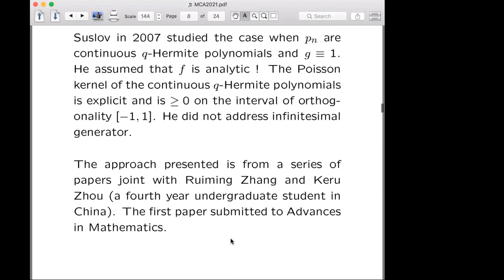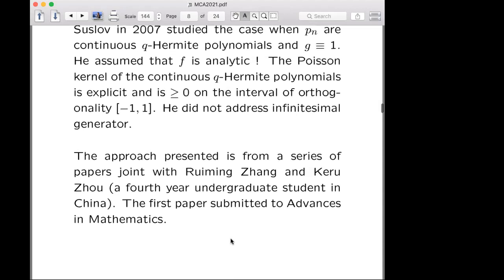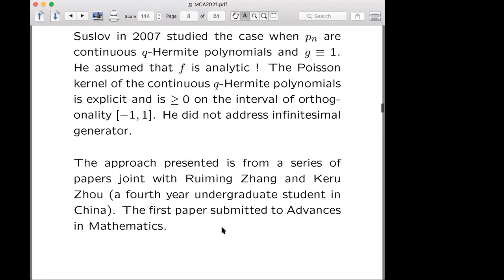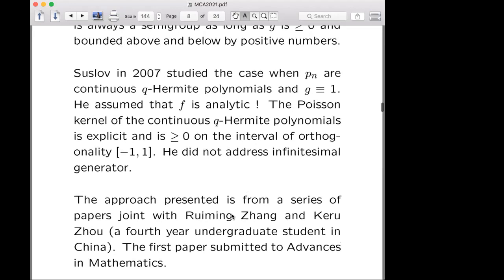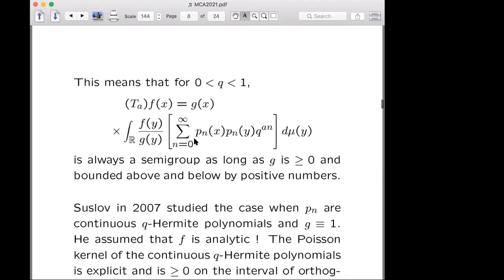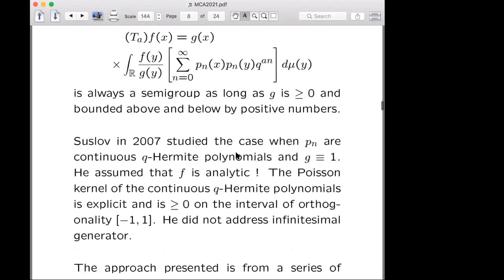So we will make the changes they wanted. So in this first paper, these papers are about studying the fractional powers of the Askey-Wilson operator, and looking at this for different g's, and just seeing what is going on.